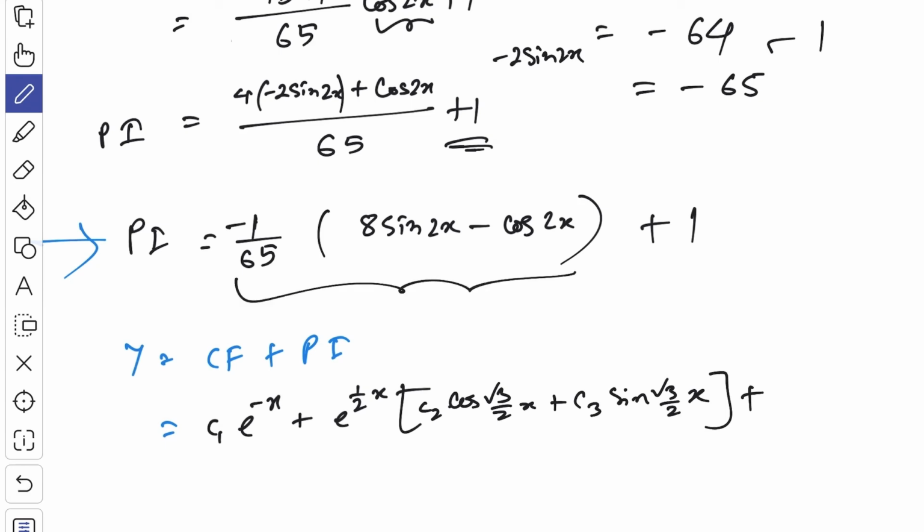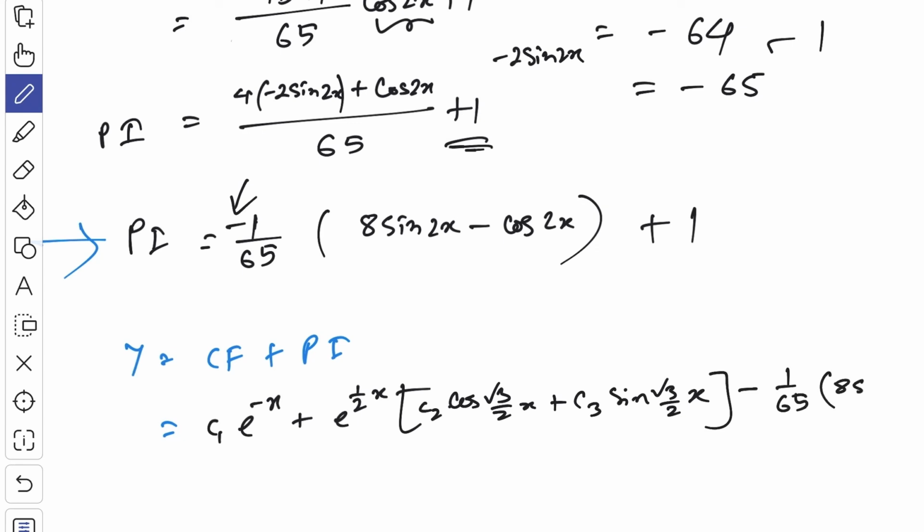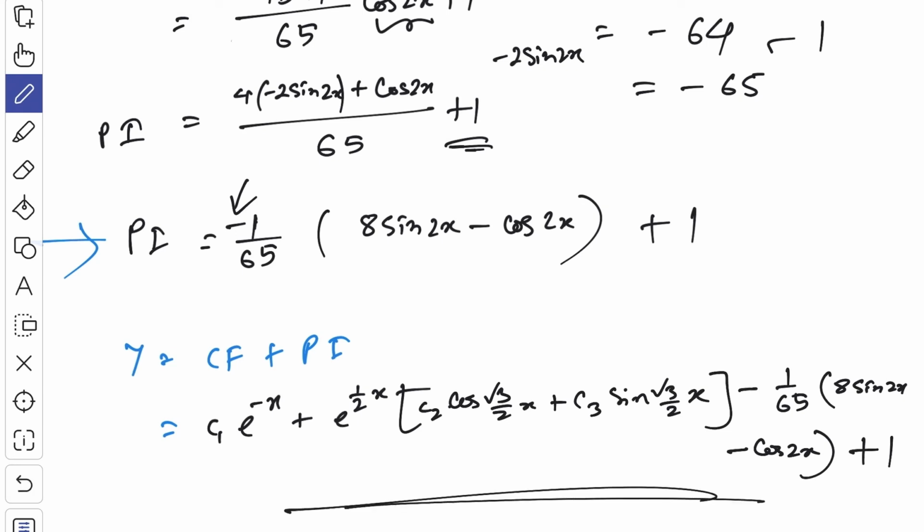Then plus PI is this part. Here you see as there is negative, so let me write minus 1 by 65 (8 sine twice x minus cos twice x), bracket close, then plus 1. So this is your solution. This is the solution of this given equation.